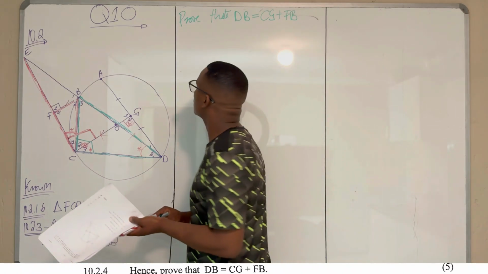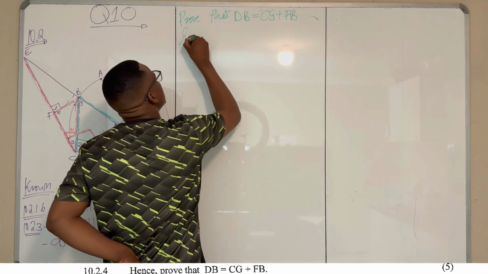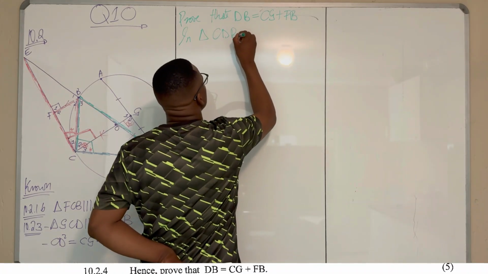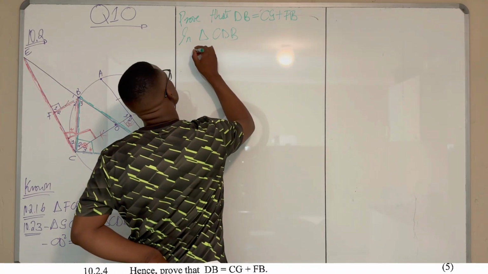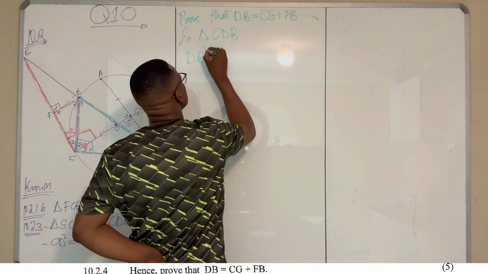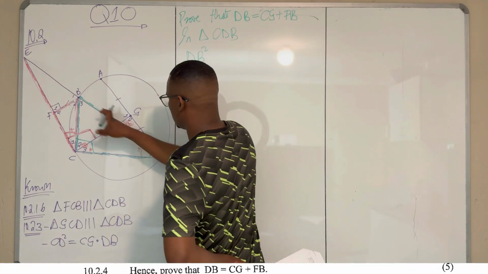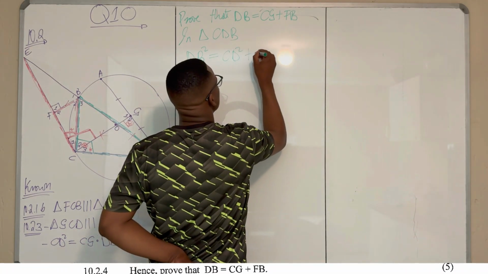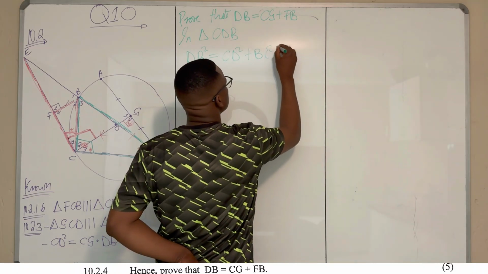So knowing the Pythagoras theorem, you can say in triangle CDB, your DB squared, which is this length, is equal to CD squared plus BC squared. This is Pythagoras.